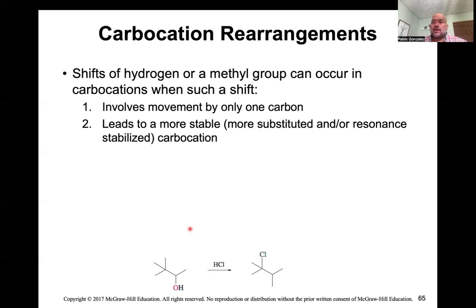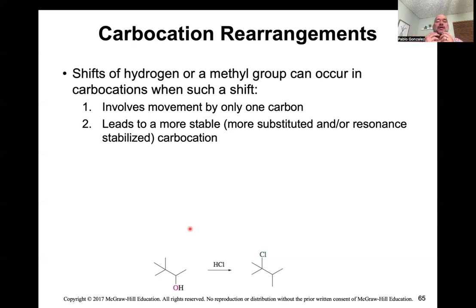That's really, really important. You're not going to make a rearrangement to go from a secondary carbocation to a secondary carbocation, because you're investing a lot of energy to make this. However, if you go from a secondary to a tertiary, now you're creating a more stable carbocation, you're releasing more energy, and even though you invest a little bit of energy at the beginning, that loss of energy to create a more stable carbocation is going to make it worth it.